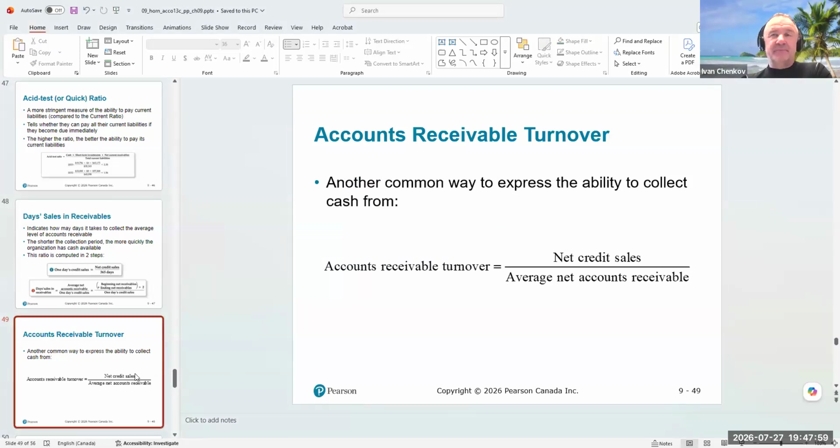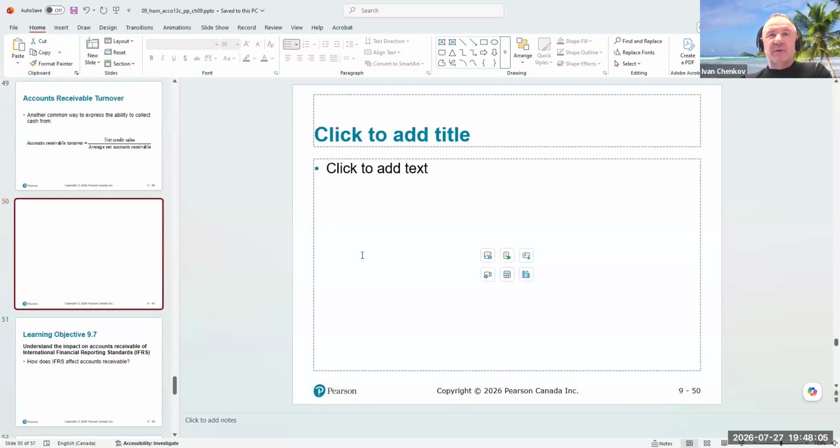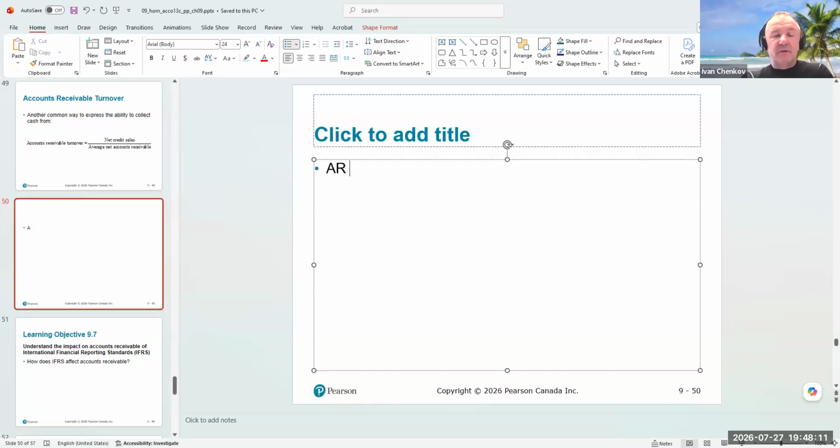Once we get the accounts receivable turnover, which will be equal to credit sales divided by average accounts receivable, a simple average, that's going to give you a number.